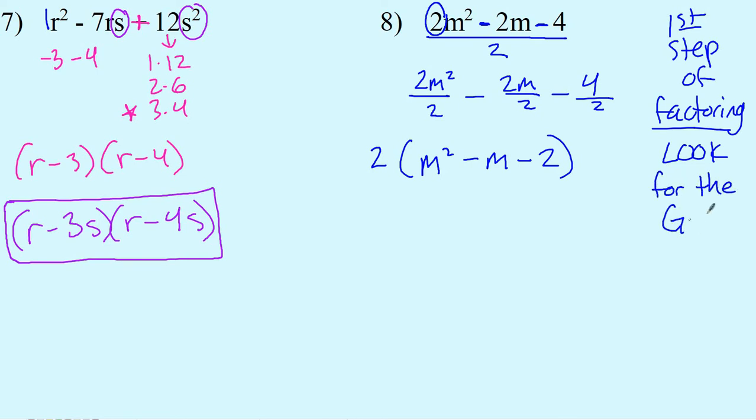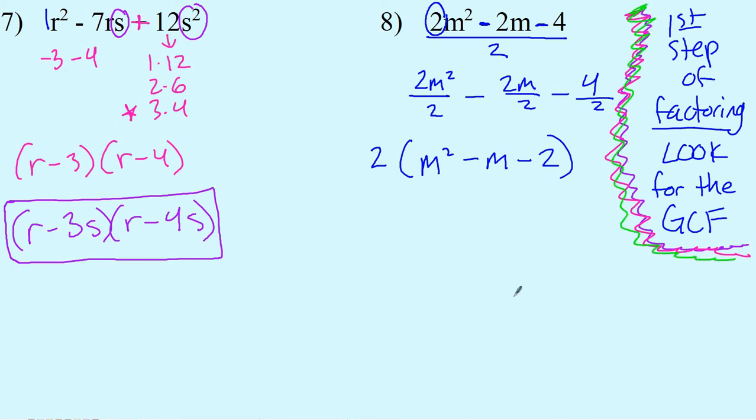Because if you don't look for the GCF, you're making that problem a whole lot harder than it has to be. The GCF will always, always, always make your problems so much better and easier and faster. And aren't we all about doing things better? I don't want to waste my time. I certainly don't want to waste your time. So look for the GCF. Hopefully I've drilled that in enough.